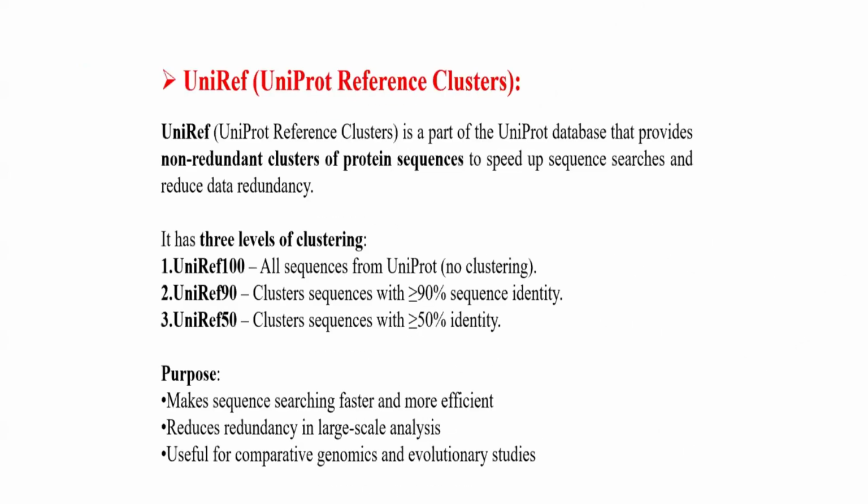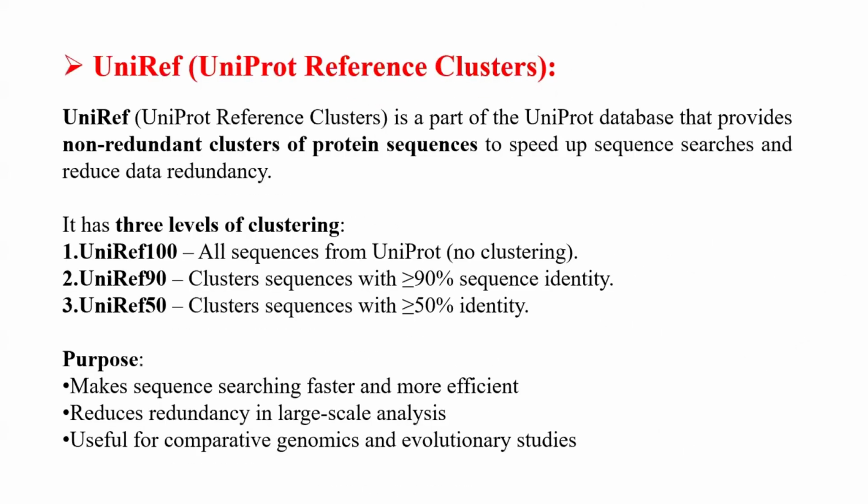The next one is UniRef, which is the UniProt Reference Clusters. The UniProt Reference Clusters are a part of the UniProt database, which provides non-redundant clusters of protein sequences, and which can speed up sequence searches and reduce data redundancy. It has three levels of clustering, based on percentage identity.